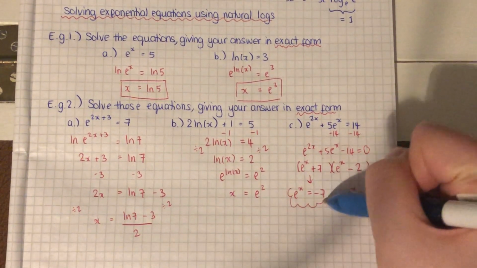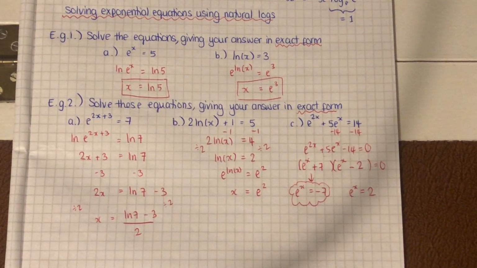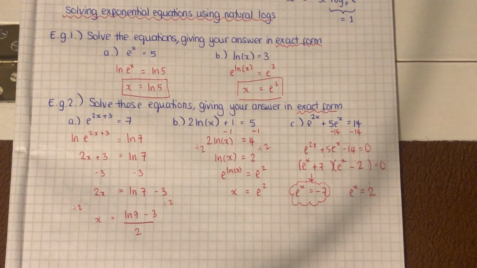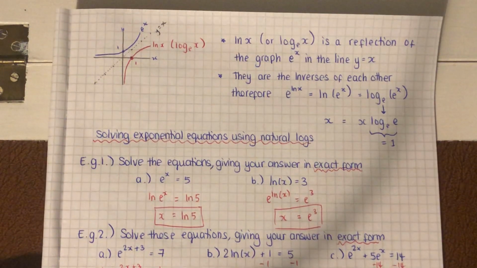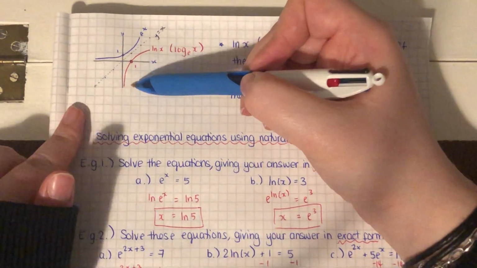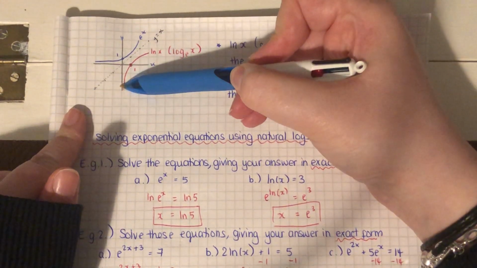Now this one is not a solution, because when we do the next part, which is take lns of both sides, we'll get ln of minus 7. I'm just going to scroll down a little bit. The reason why I did this graph is just so that you can see that this ln will never go past the y-axis.